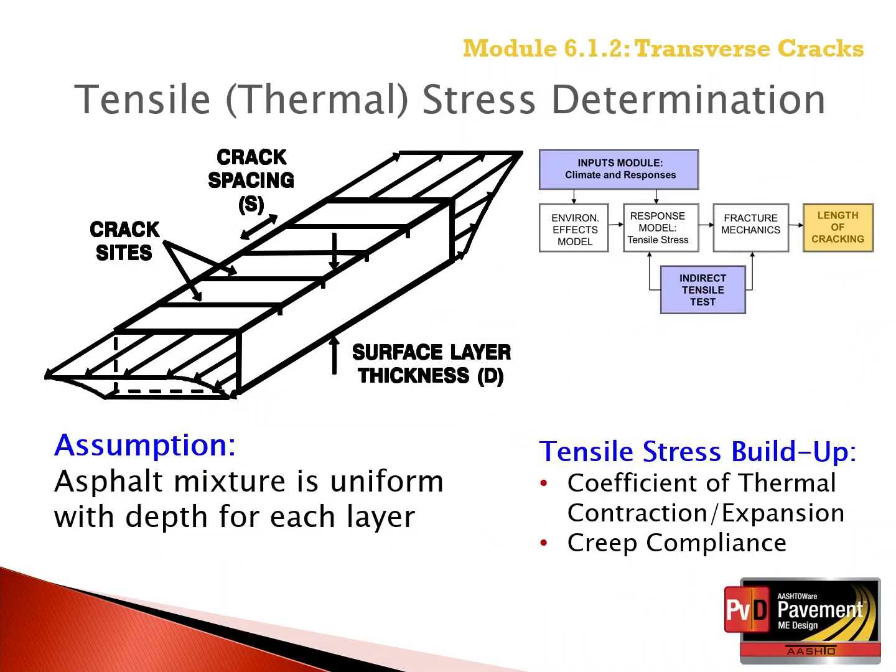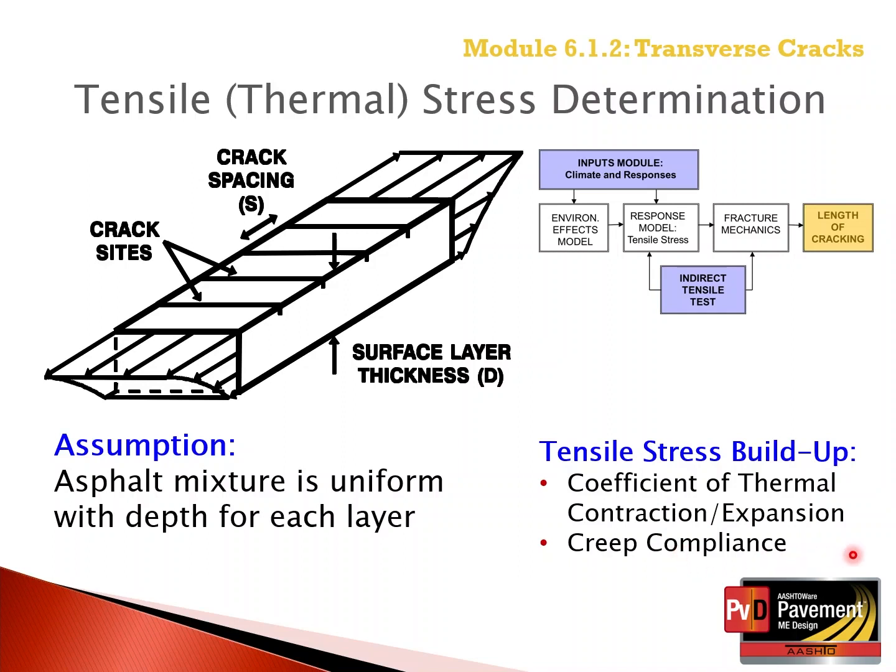The thermal stress and the tensile stress intensity factors at the crack tips after crack initiation are estimated using the coefficient of thermal expansion and contraction, and the creep compliance of the asphalt wearing surface.